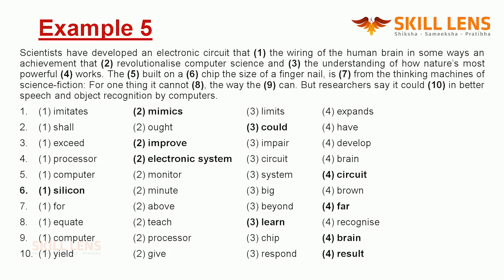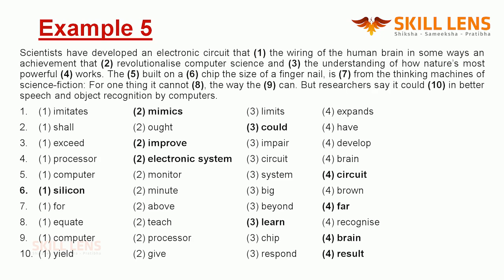Develop and improve are synonyms of each other. However, though they are synonyms, they have their own distinct usage. So improve is the appropriate word for blank 3, and for blank 4, electronic system, right? Processor, circuit, brain, electronic system makes the best word there.